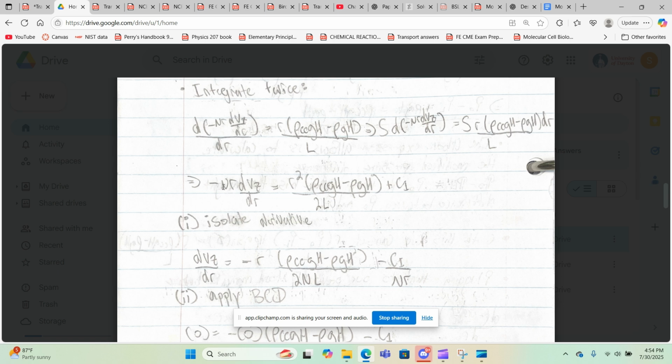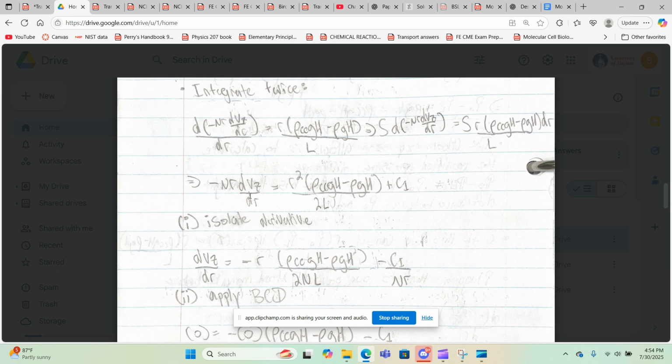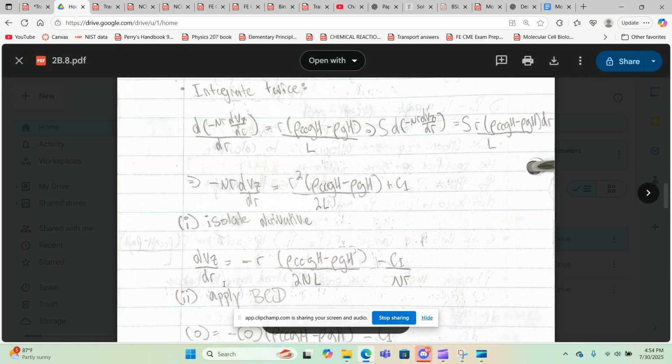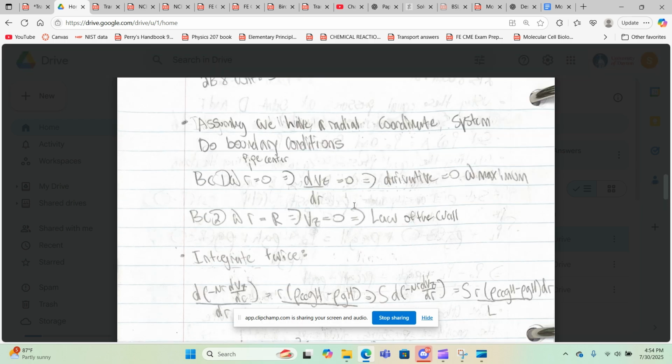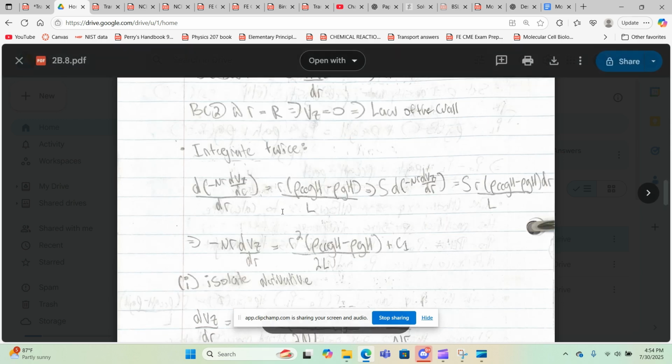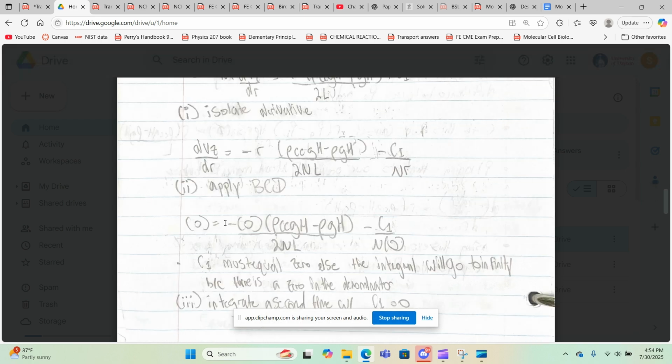So now isolating the derivative, because this derivative is going to be one of our boundary conditions. So at r equals 0, dvz/dr equals 0. So we set this equal to 0, and we solve for c1.